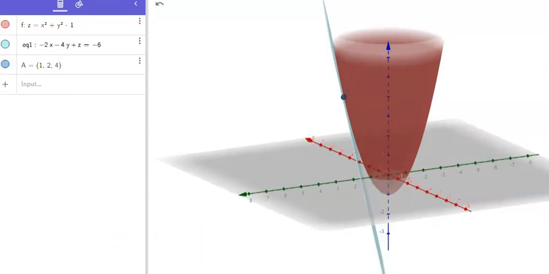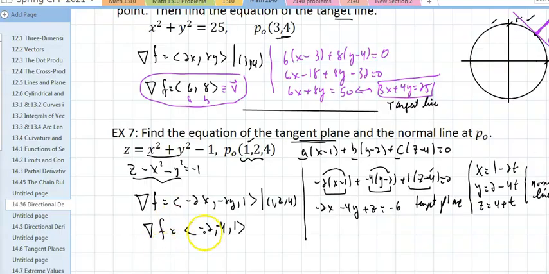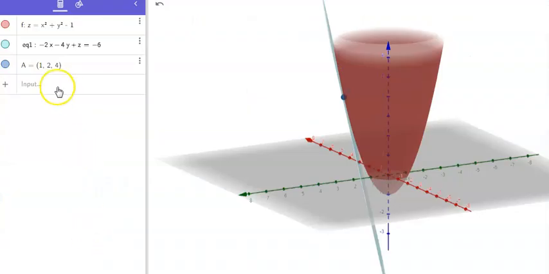And I could even sketch the vector -2, -4, 1. Let me see how to do that. Actually, I don't know how to do that yet. Oh boy, that's not going to work. Okay, I don't know how to sketch a vector yet. I'll figure that out. But if you graph it, it's going to be pretty much perpendicular.